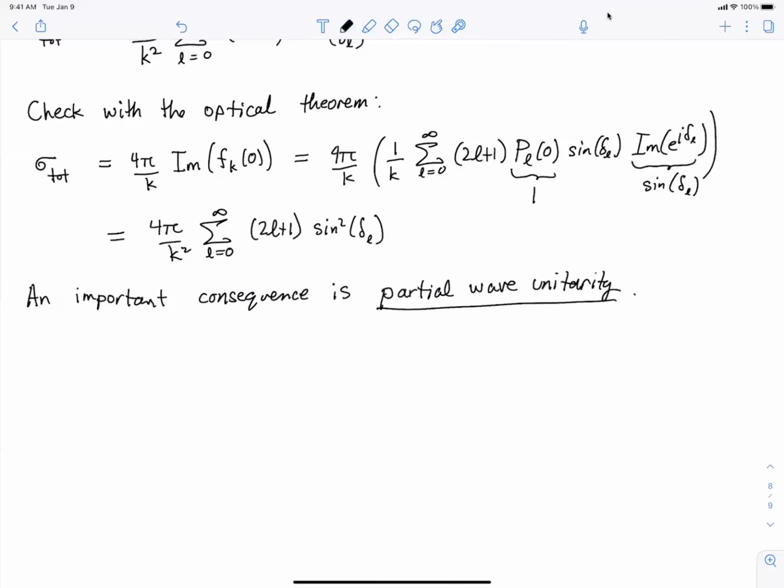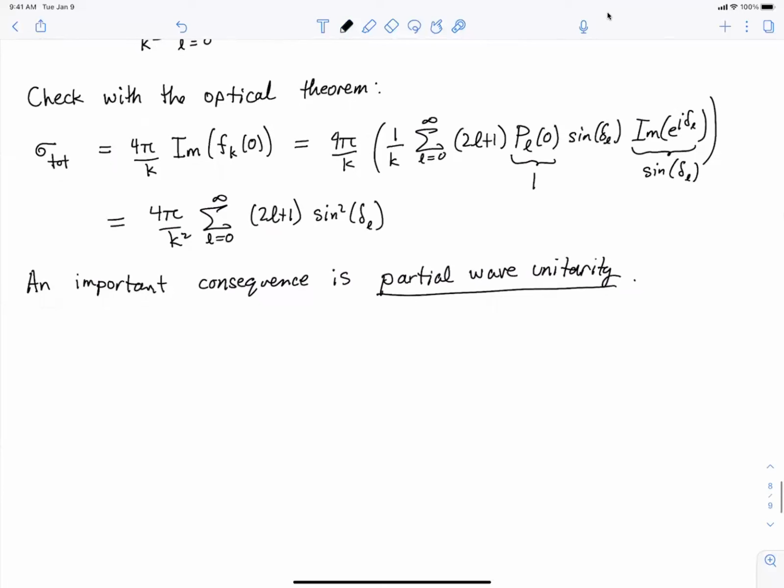It's based on the fact that the phase shifts are real. All we do is say we can write the total cross section as a sum over L's times some sigma L's, which are the contribution from different angular momenta.